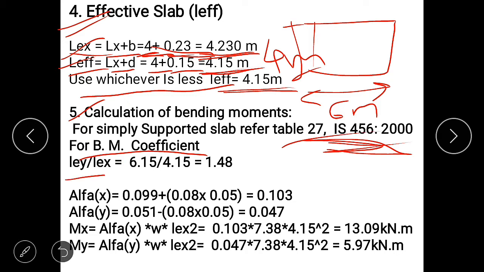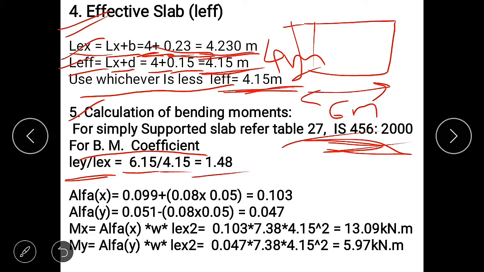So Ley divided by Lex means the longer effective span divided by the shorter effective span. The longer effective span is 6.15 and the shorter effective span we calculated is 4.15.